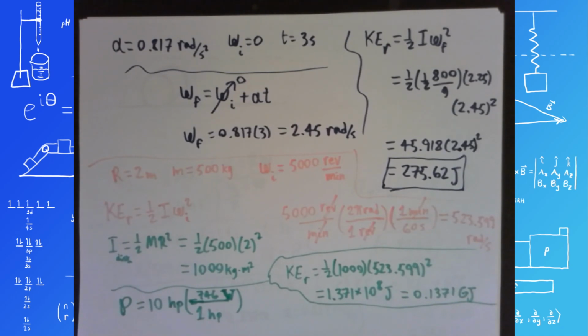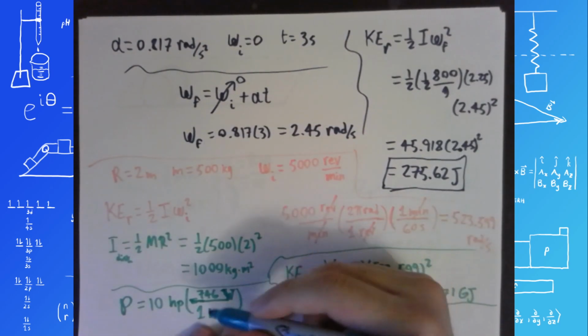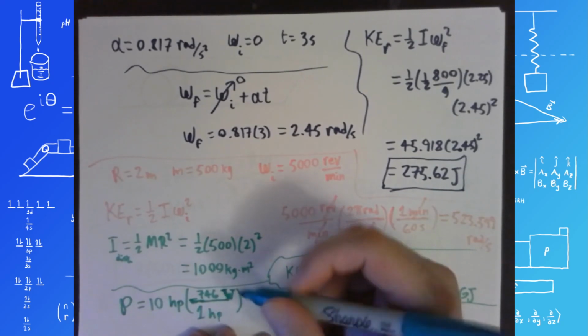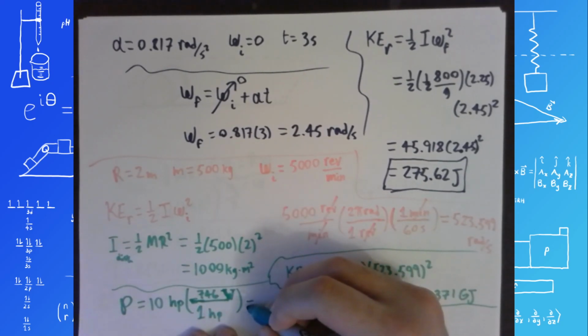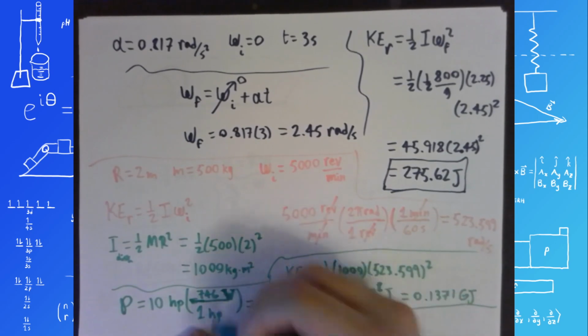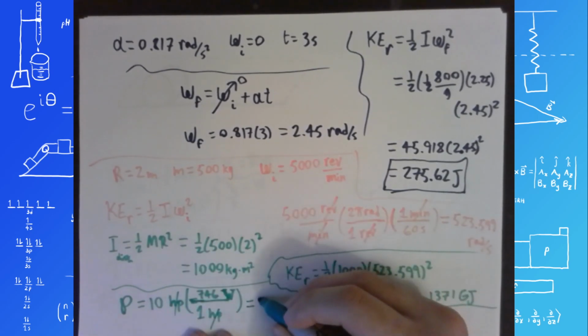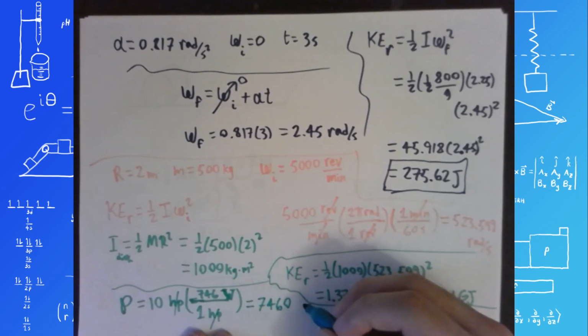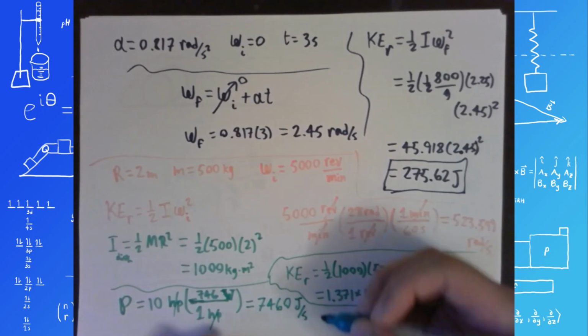But 746 is good enough for our purposes. Okay. Doesn't hurt to double check. Anyway, 10 times 746 is 7,460. So 7,460 watts. Or as I prefer to call it, instead of watts, I call it joules per second.